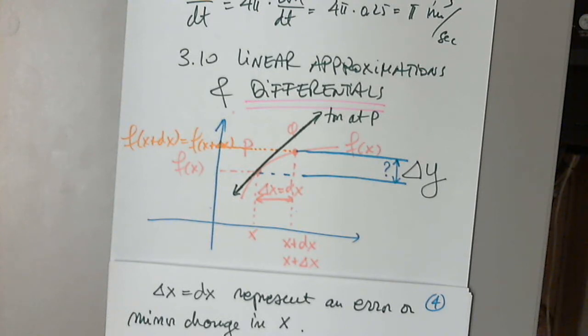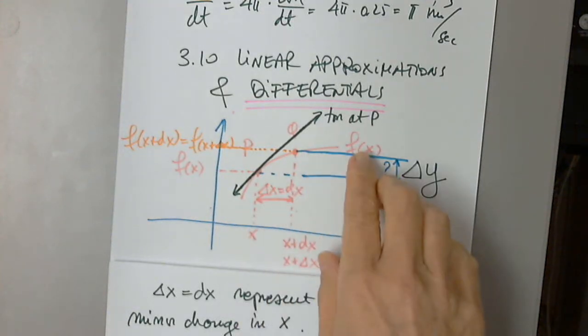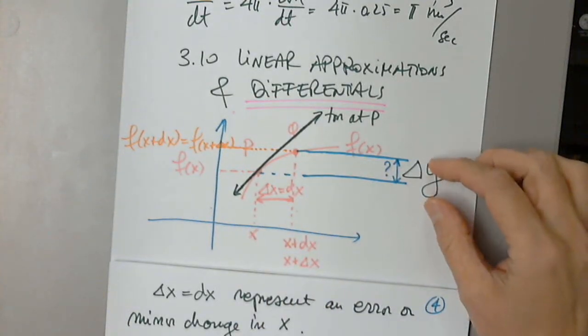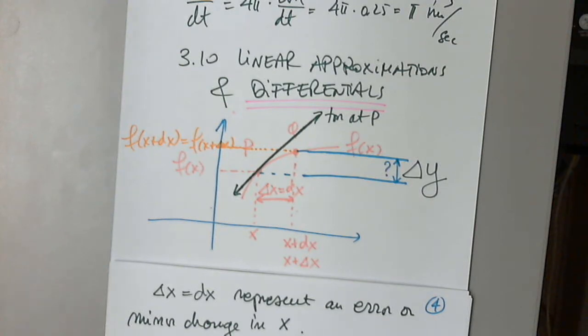That error triggers an error in the area. So if the function is the area, this delta y is the exact change. So please insert the word exact. I should have left room for it. So delta y is the exact change in f of x triggered by a change of dx in x.